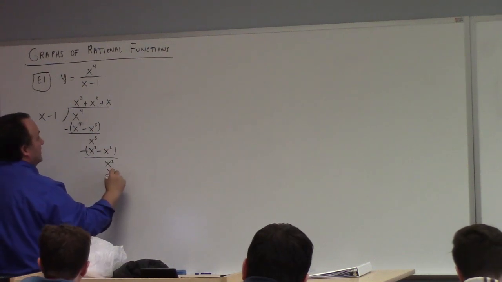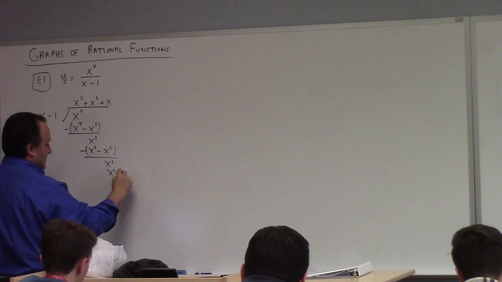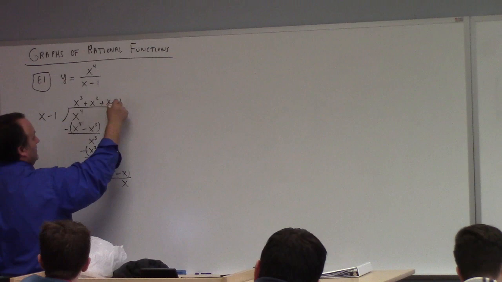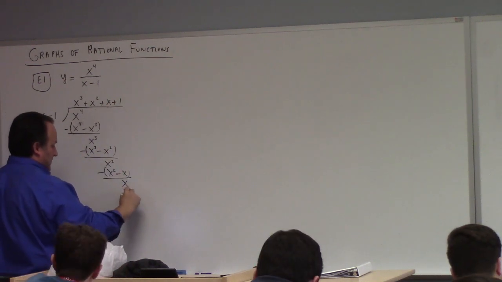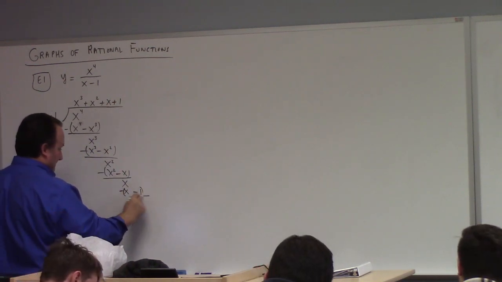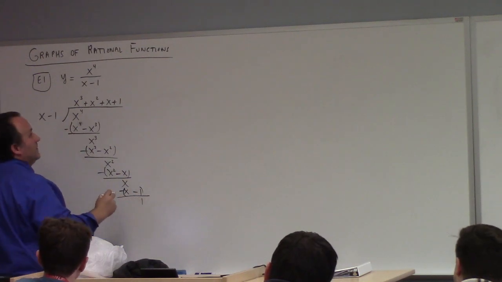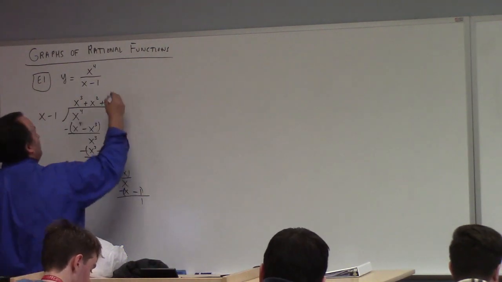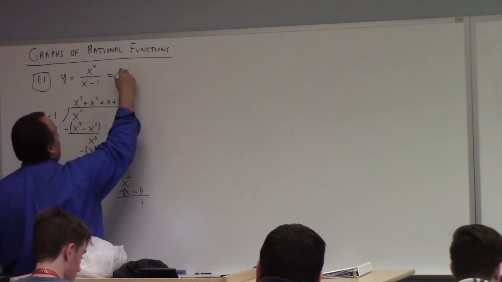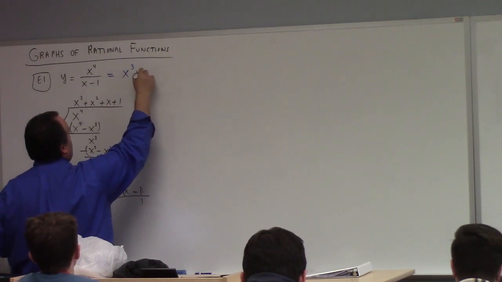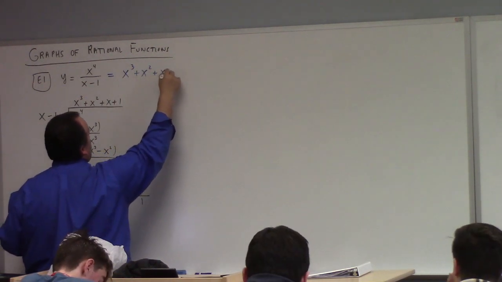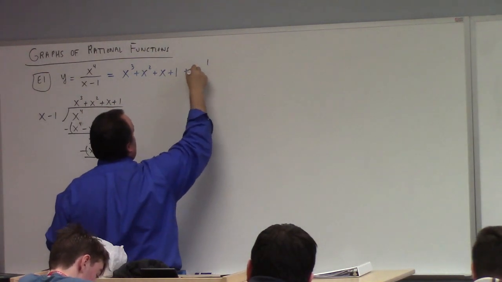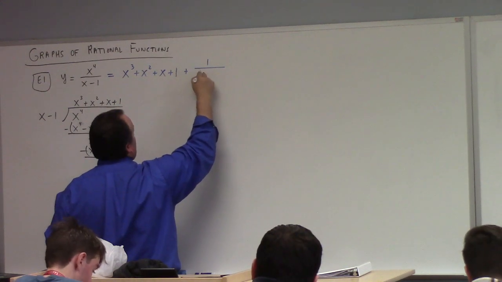Then x squared minus x, so I get x plus 1. So I get a remainder of 1. So apparently this thing is equal to x cubed plus x squared plus x plus 1, plus 1 over x minus 1.